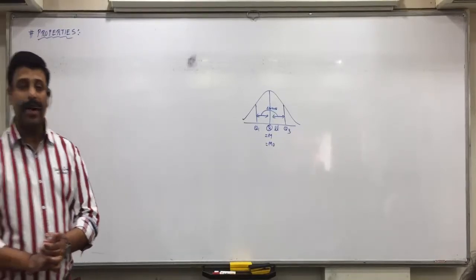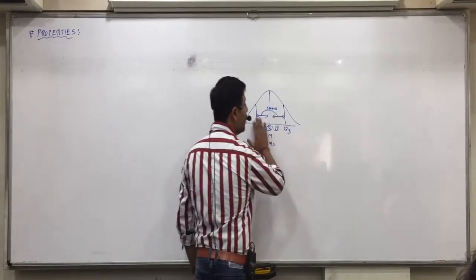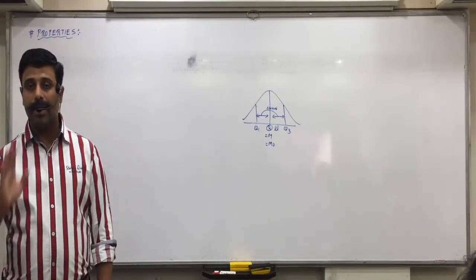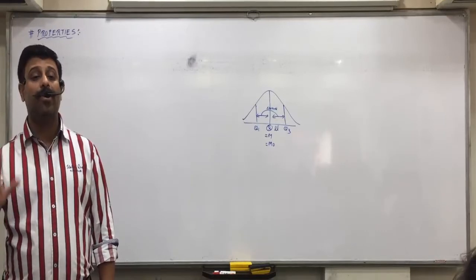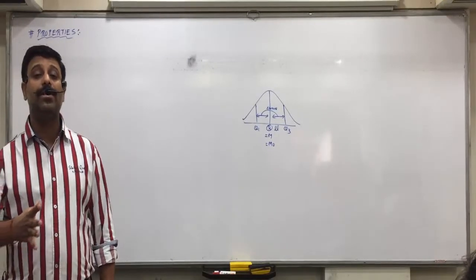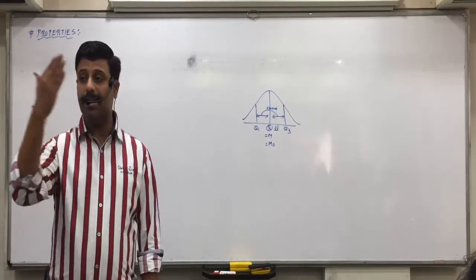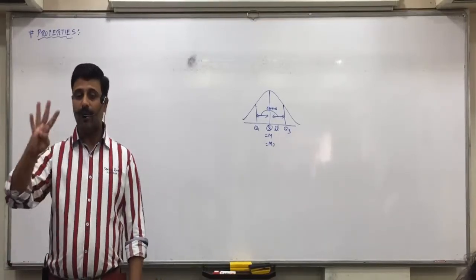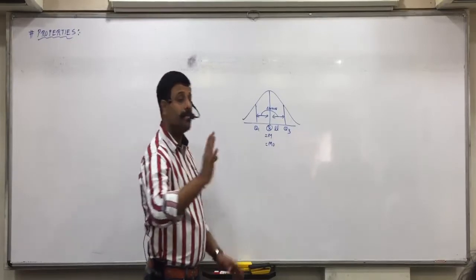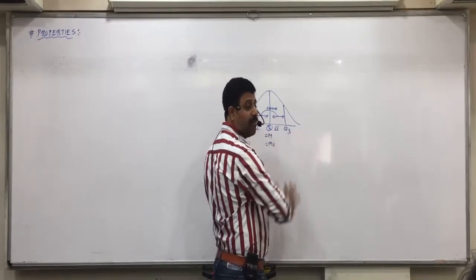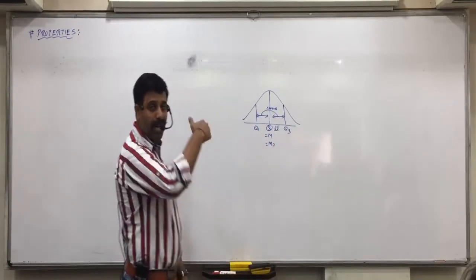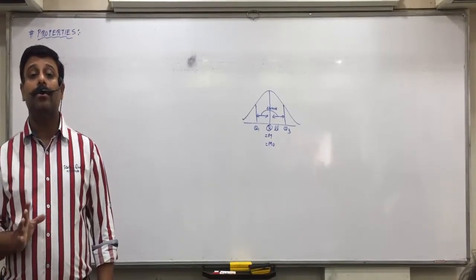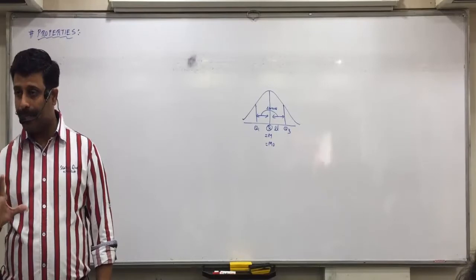Fourth, area on both sides is 0.5, which we have done in the current year. Fifth, skewness is 0 for a symmetrical distribution. Once again, fourth property: area on both sides of mu is 0.5, and total area under the curve is 1. And fifth property, skewness is 0.